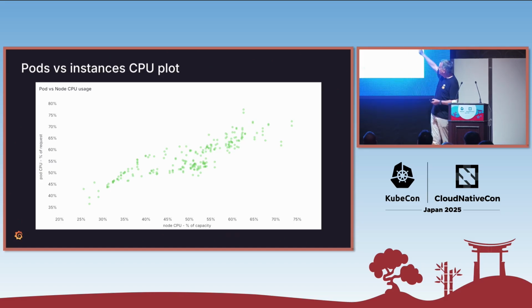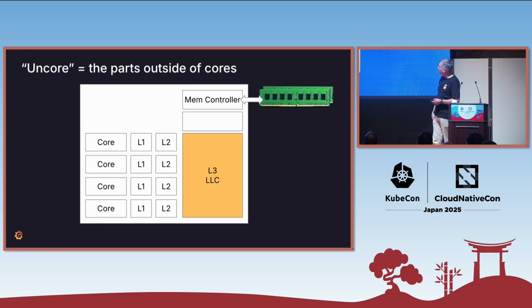So basically, don't load up your nodes too much. This is pretty good, actually. When I drew this picture, we were up to about 75%. I mean, it's an economical question. If you can load your nodes up, you don't pay so much for nodes, but your programs will slow down. So yeah, that's another word, uncore.